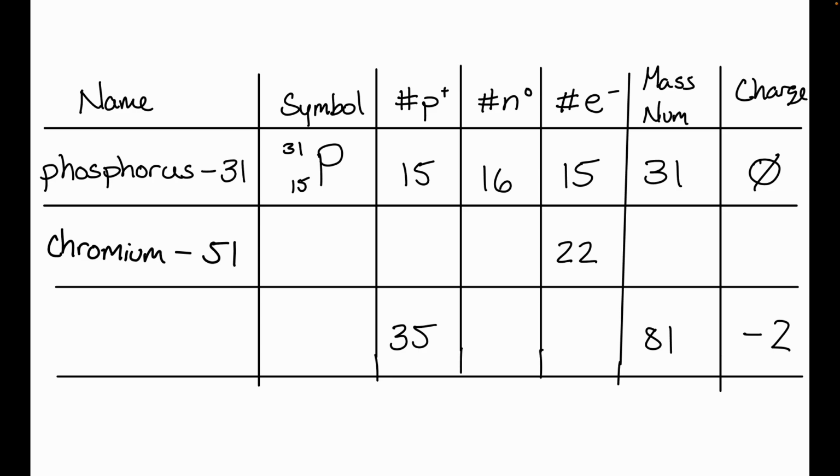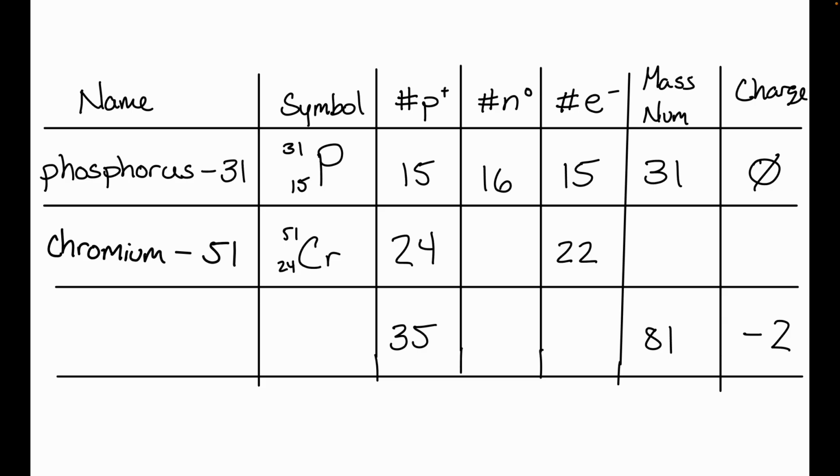Cool. All right, so anyway, chromium, if we found it here, that would have how many protons? 24. That's element 24 on our periodic table. So then, based on that tile, I can also get that its chemical symbol is Cr, and then I can finish off my symbol here, putting the mass number at the top and that atomic number down at the bottom.